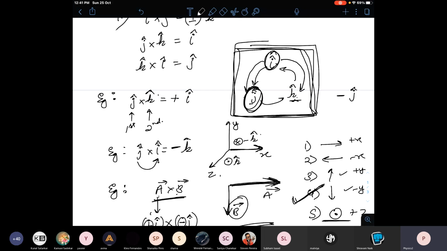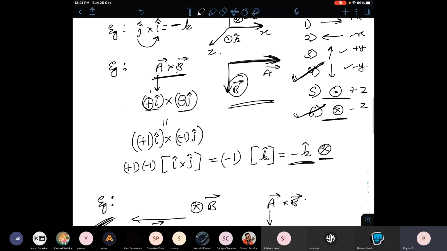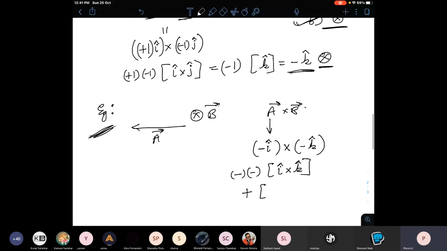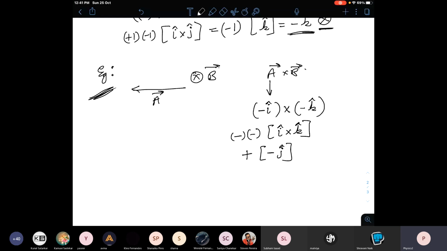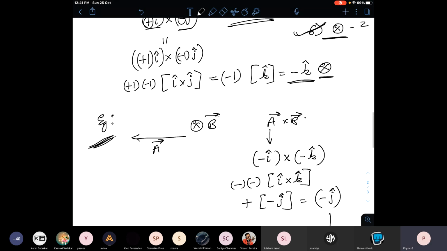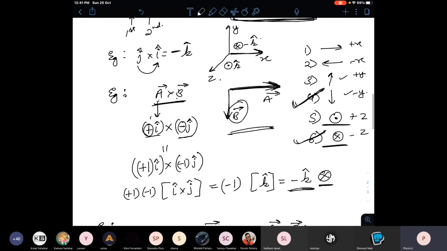So minus j cap is the answer for i cap cross k cap. So the final answer which I am getting is minus j cap. Minus j cap direction means like this. I have already written plus x, minus x, plus y, minus y, plus z, minus z. So basically fourth one is our answer.